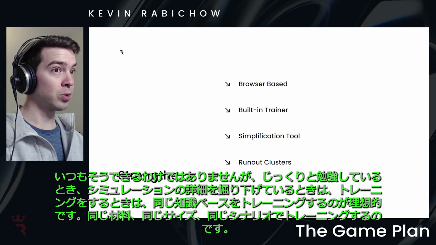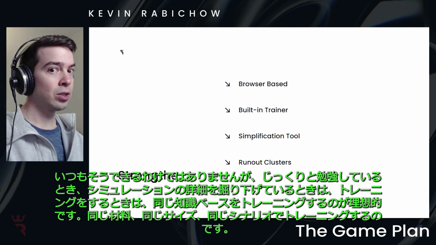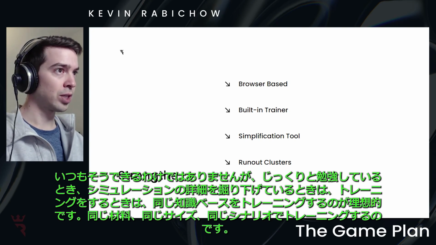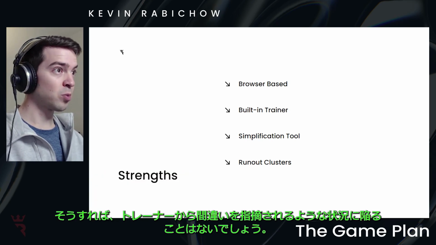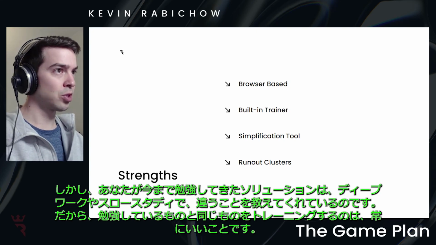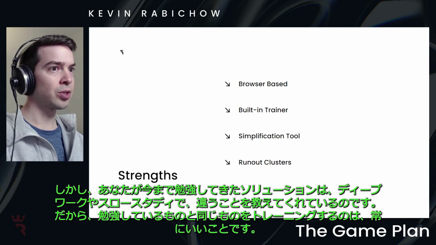Now, that's not always possible, but when you're doing slower study and digging into the details of a simulation, it's ideal that the training that you do, which I would recommend doing in a different study session, is training the same knowledge base, right? The same material, the same sizes, the same scenarios, so that you're not going to randomly find yourself in a spot where the trainer is telling you you've made a mistake, but the solutions that you've been studying during your deep work or your slow study have been telling you something different. So it's always nice to train the same material that you're studying.